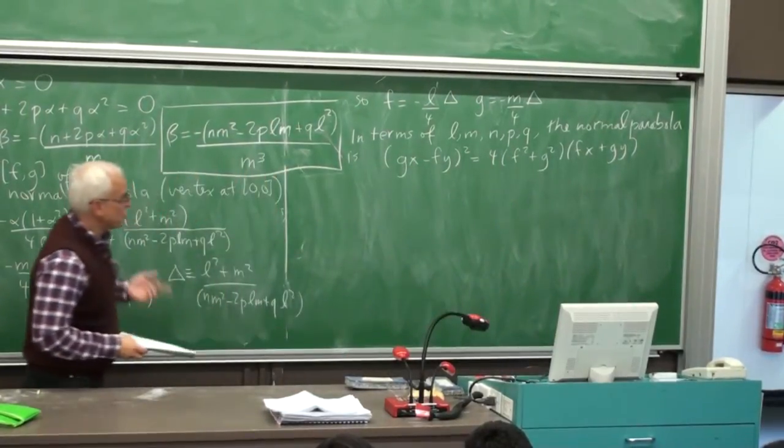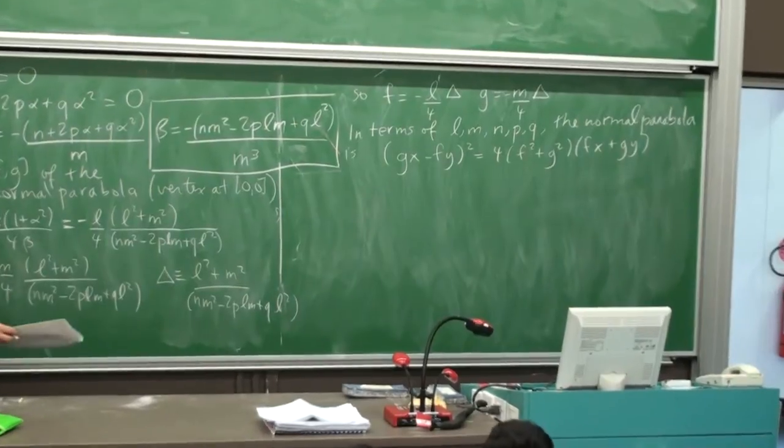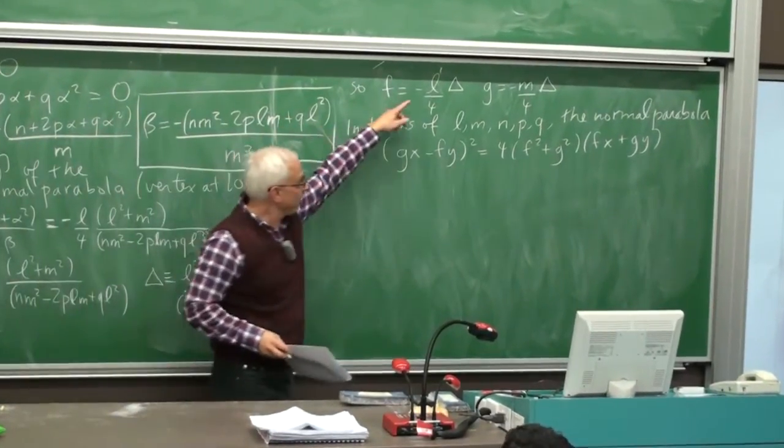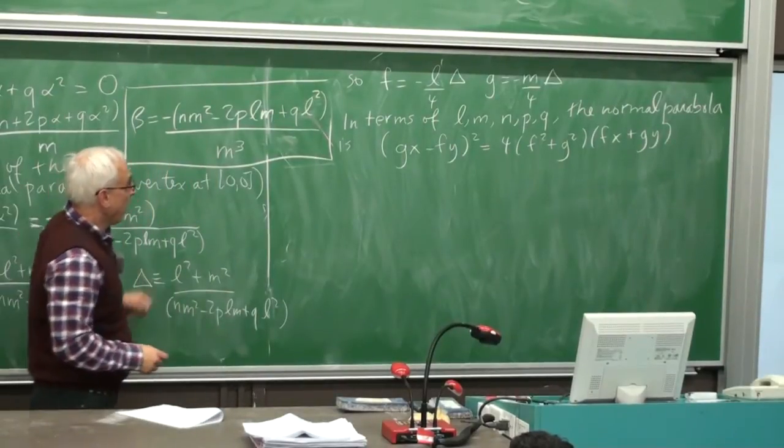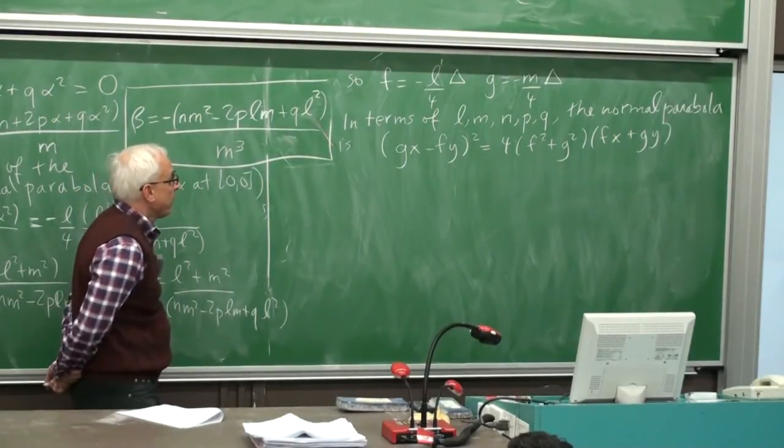So if we replace g and f with these expressions involving L and M and these other variables N, P, and Q, then what's going to happen?